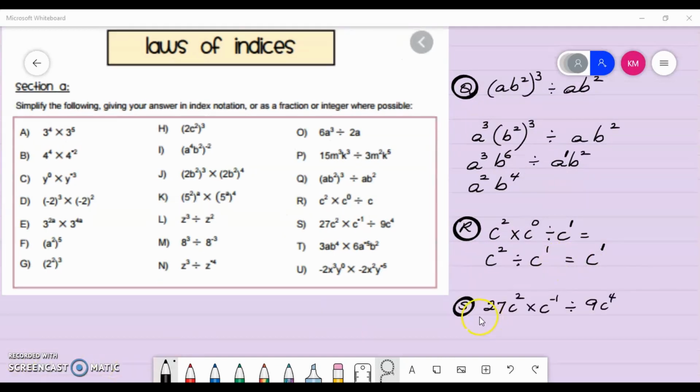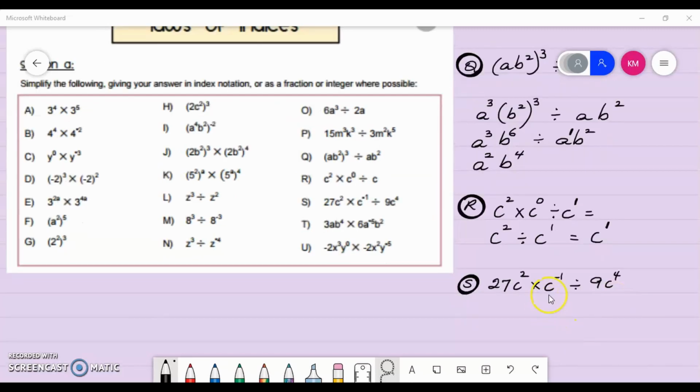Next. Okay, so part S, 27c² multiplied by c⁻¹ divided by 9c⁴. Now in this case, it is a bit similar to the one we just did. What I was supposed to have done is really do division first, because according to BODMAS, division comes before multiplication.